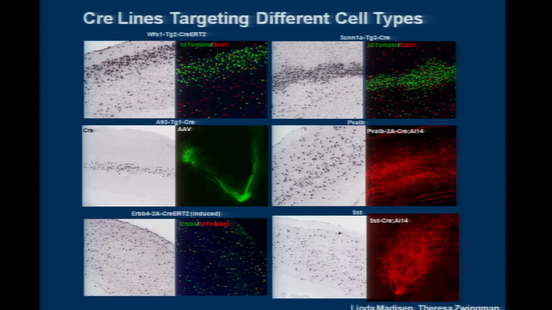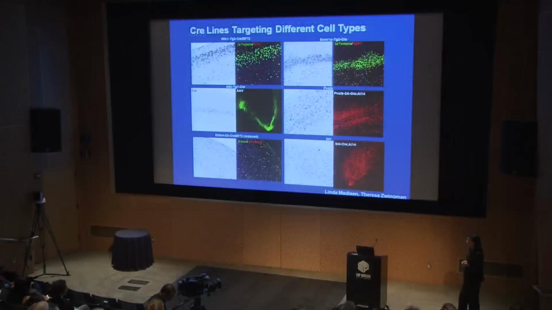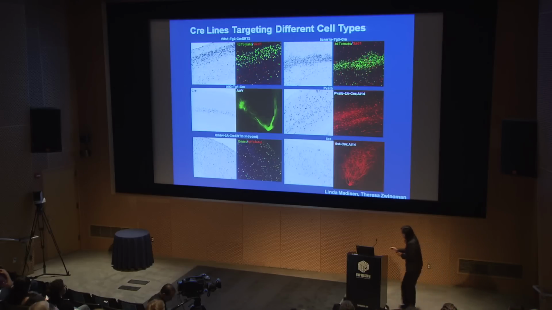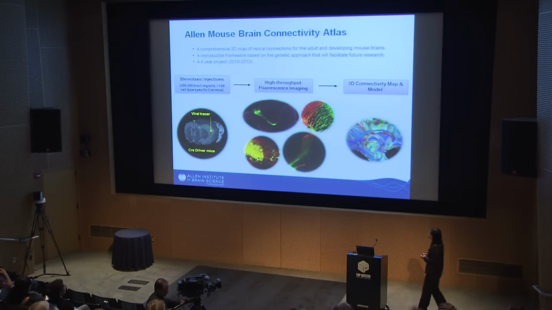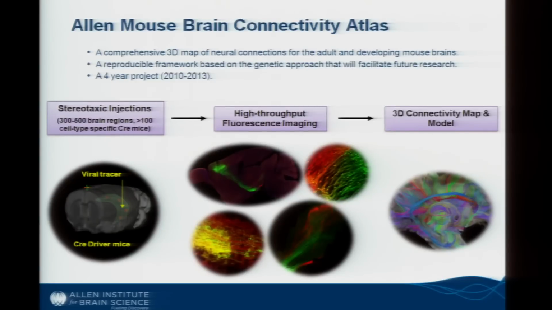Recently, we have been focusing a lot more on a straight knock-in approach, not only to be able to get more faithful recapitulation of the different cell types, but also so that we can build in some genetic strategies to utilize the exact same loci for other purposes, which I will touch upon later. And I actually will start with talking about utilizing the different kinds of Cre lines to do a systematic large-scale work.